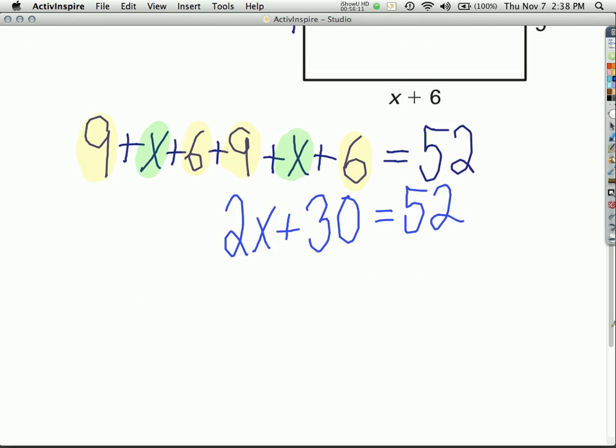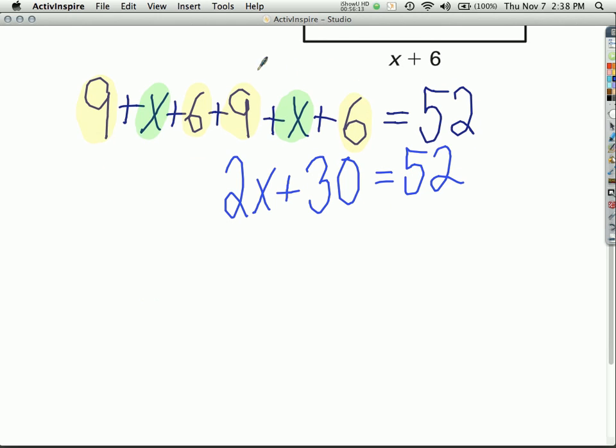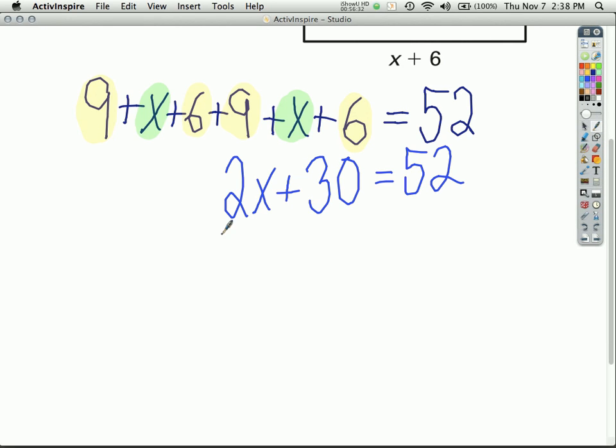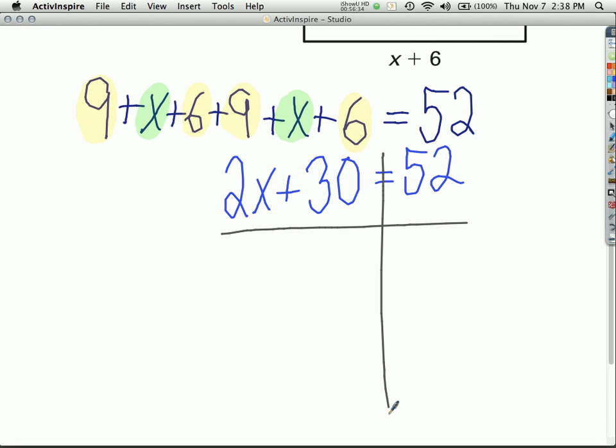Wow, look at that. This complicated looking equation was not complicated at all. It was just a two-step equation hidden behind stuff that was not simplified. So how many steps do we have left from here, Alex? 2. 2. So we draw our T, and we solve.